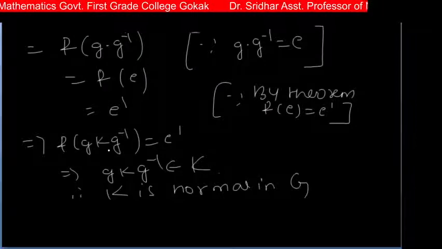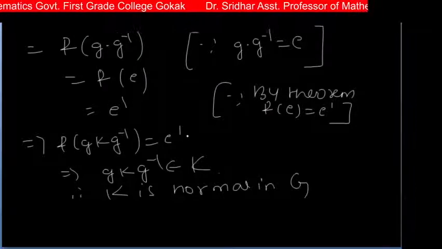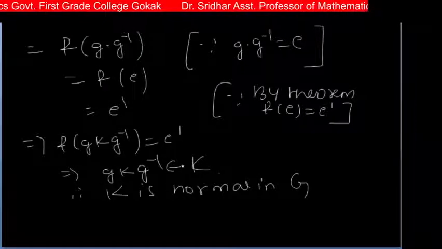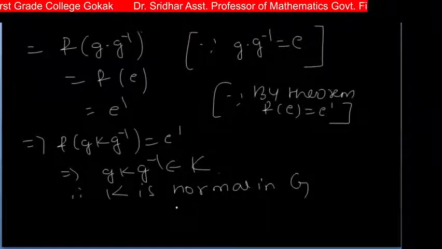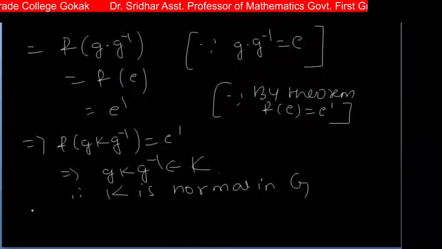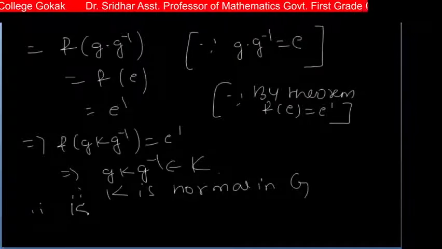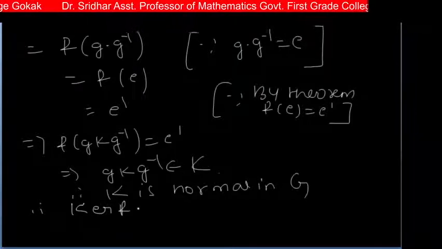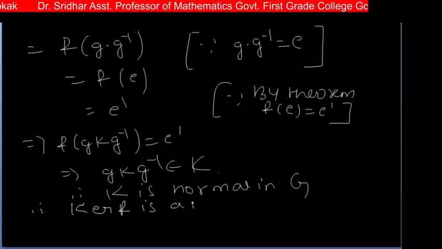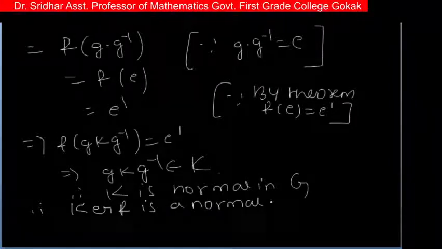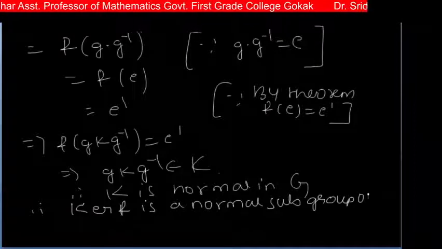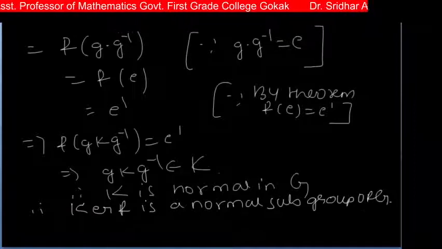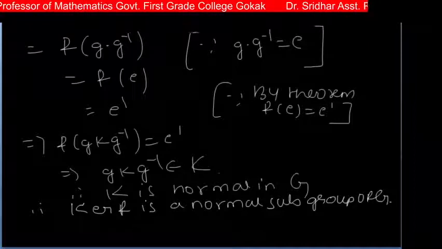So f of g k g inverse is equal to e dash means that g k g inverse belongs to K. Therefore K is normal in G. Therefore the kernel of f is a normal subgroup of G. So this is the proof of this theorem.